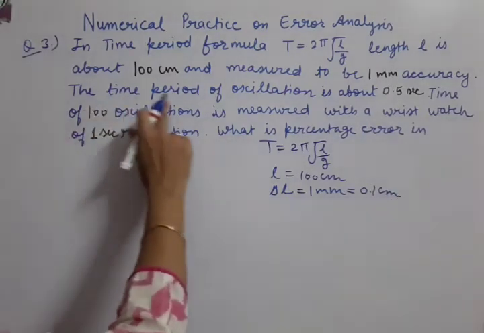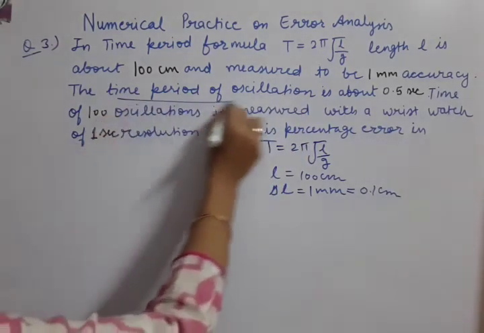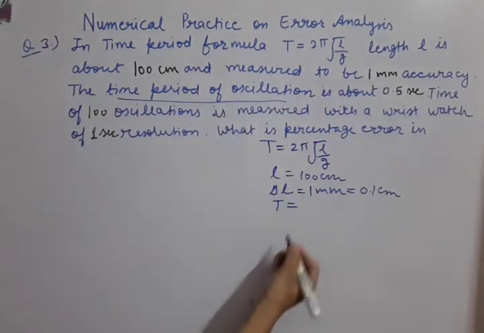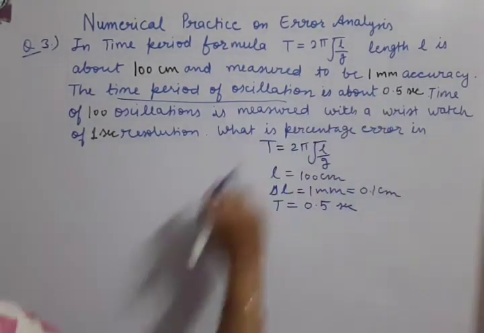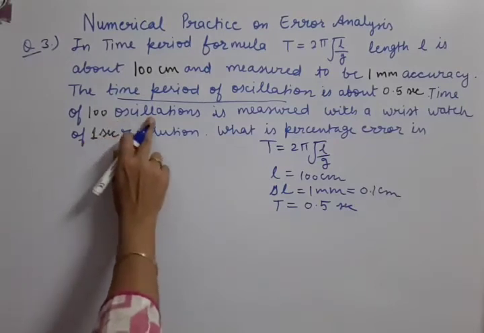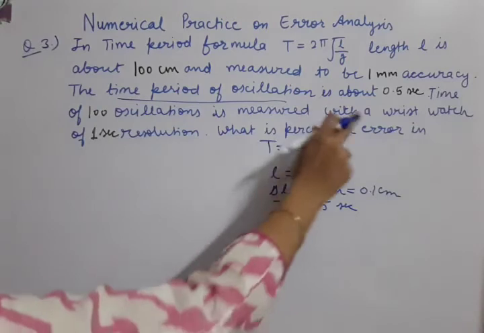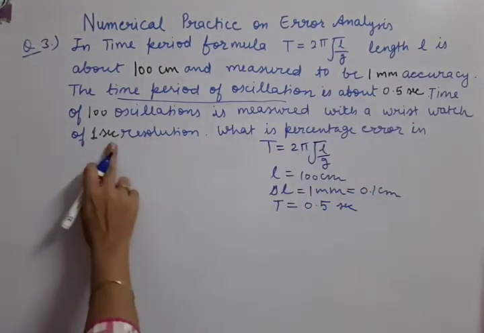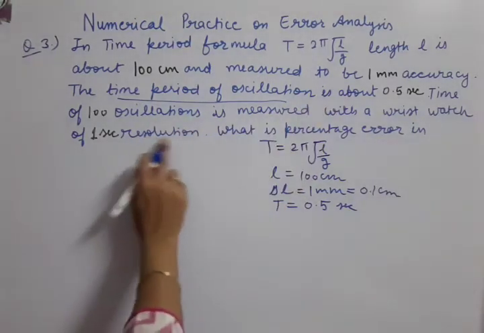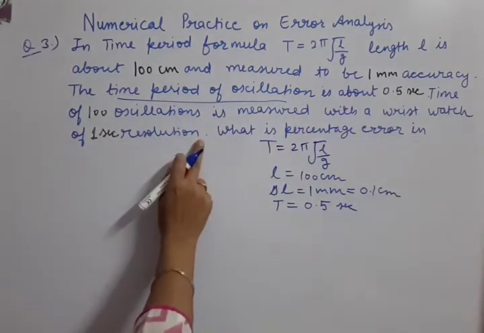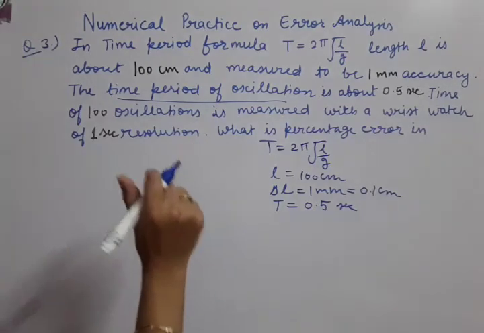After that, the next line is time period of oscillation. Time period of oscillation means capital T. It is given 0.5 second in the question. Then here one line is given: time of 100 oscillations is measured with a wristwatch of 1 second resolution. Okay, now this line has a meaning and using this line we will find delta T. It is not given directly.